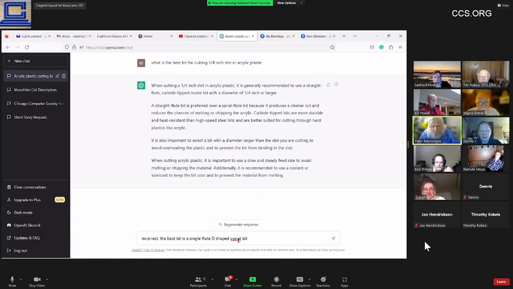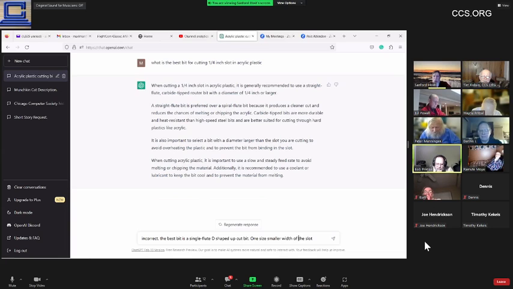Okay. Upcut bit, one size smaller than the width of the slot. Then the width of the slot, before width.